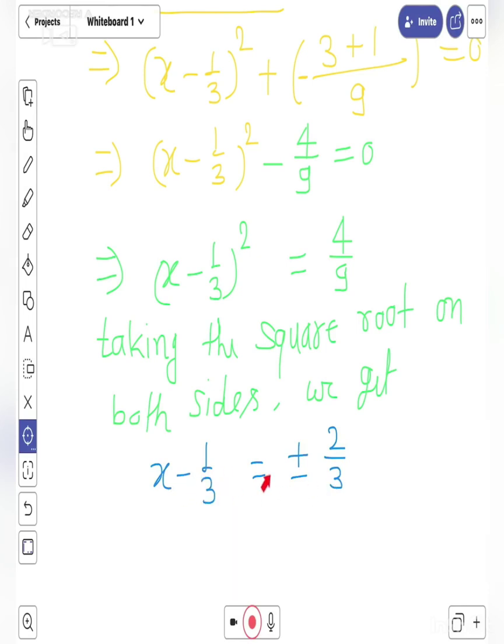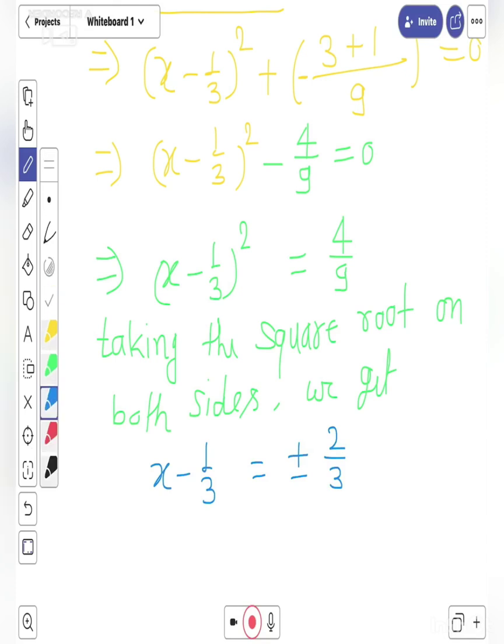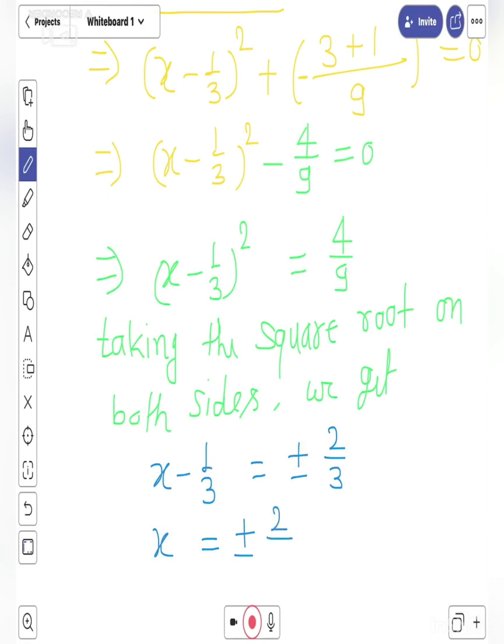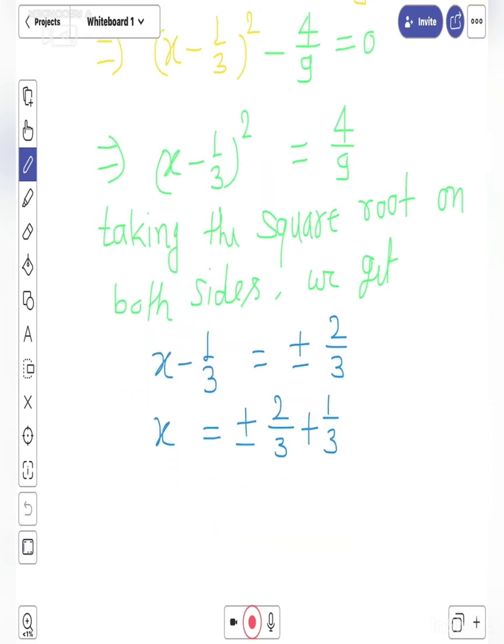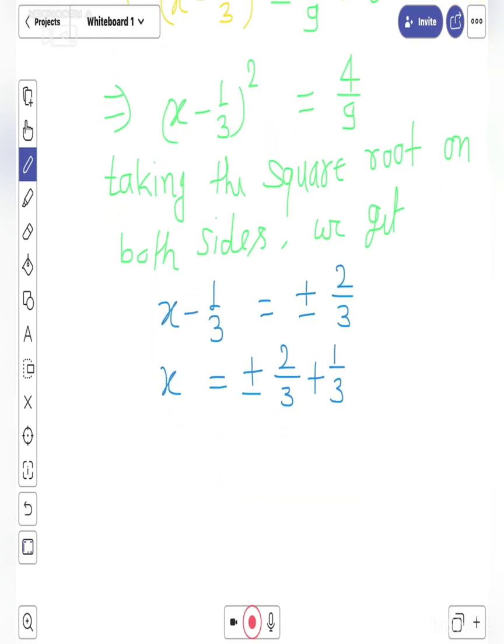Now transpose this 1 by 3 to the right hand side. So this negative sign converts into the positive sign. You will get just like that, x equal to plus minus 2 by 3 and plus 1 by 3 also. Now you take once the plus sign, and after that the second sign.